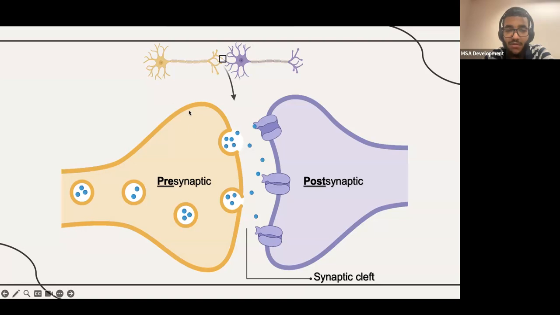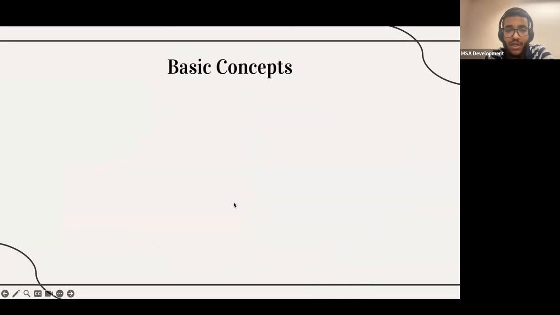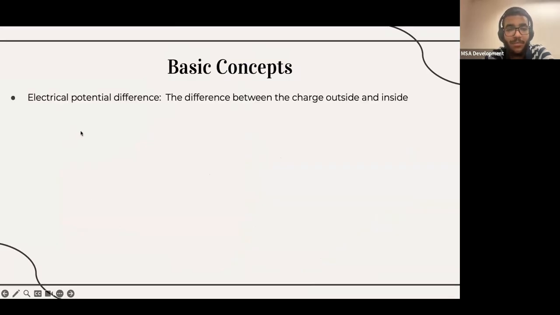Once the action potential reaches here, it releases vesicles that contain what we call neurotransmitters, which, from the name, transmit the impulse from this neuron to this neuron. Then an action potential is generated in this neuron, and the impulse carries on forward.